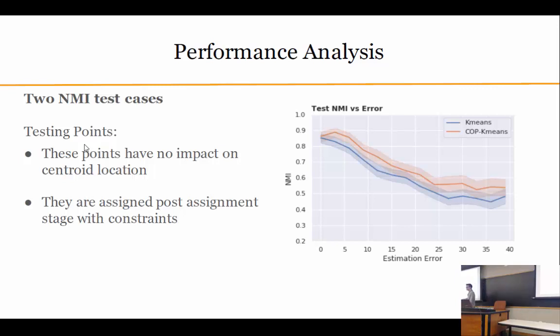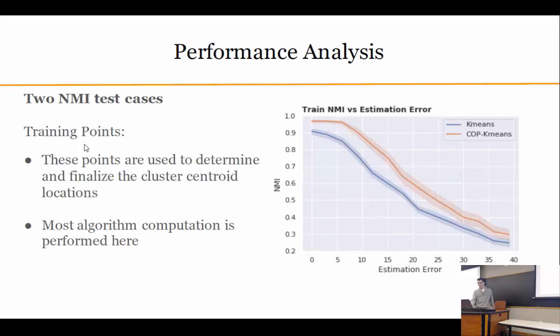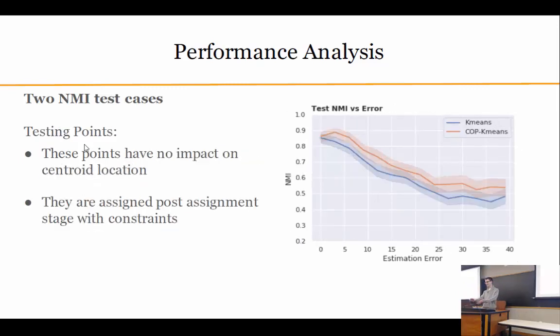As you can see, compared to the training performance, the difference is kind of similar. The reason I'm looking at this test case is because it requires a little less computation if you can assign the centroids previously, which was in the training set.